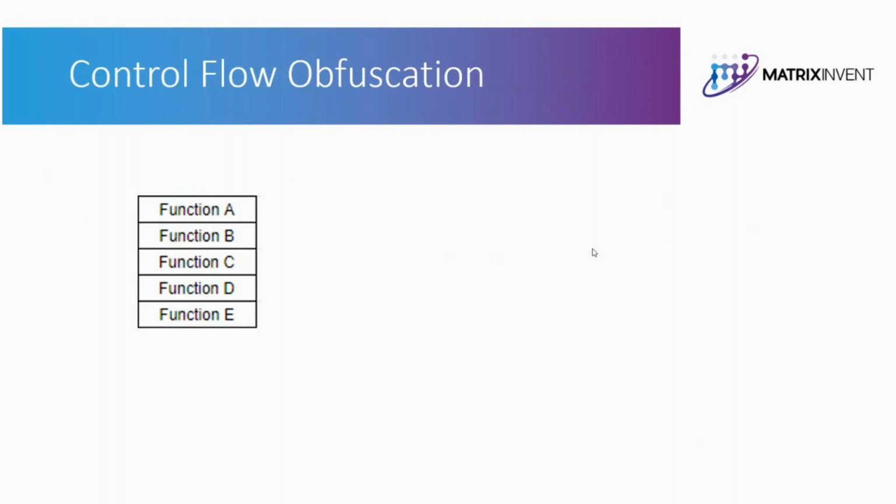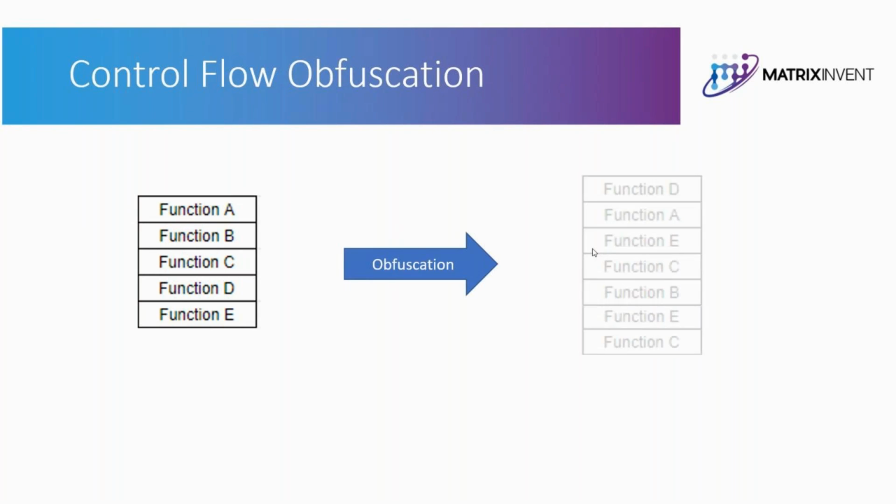Control flow obfuscation. Control flow obfuscation will alter the structure of a mobile app's code without affecting the functionality. As you can see in this slide, the structure will be modified after the code obfuscation.